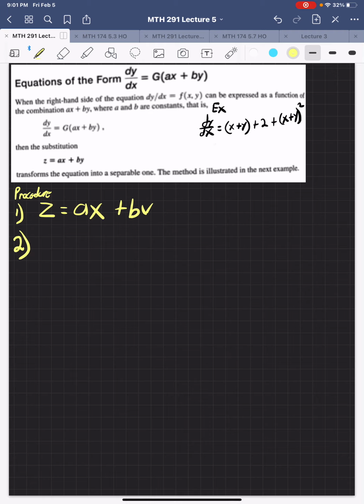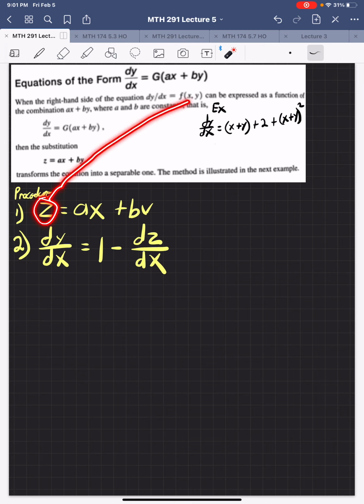So step 1 is to substitute a z, and step 2 is to substitute 1 minus dz over dx. Let me just explain. If I were talking to my son, Sebastian, he's only 11 years old, I'd say, hey, Sebastian, you're going to put a z here, put a z here, anywhere where you could have an x plus y.